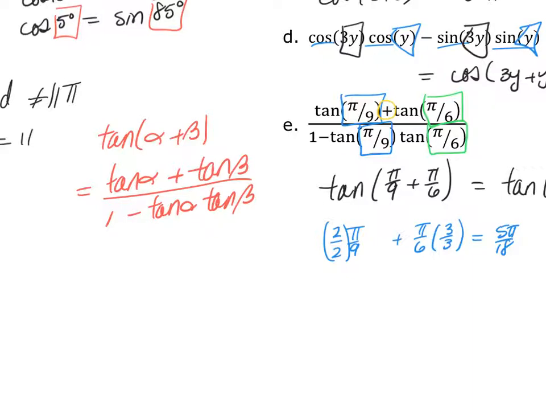I'm looking for the alpha here, here, and here, which I see in the blue there. I see the beta here, here, and here in the green in my example. So it is the sum and difference of tangents.